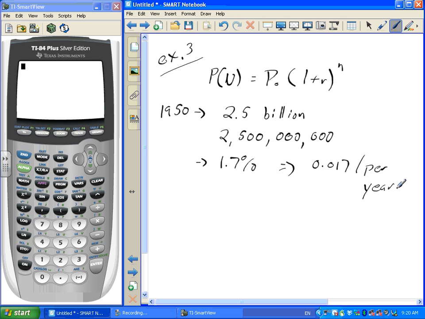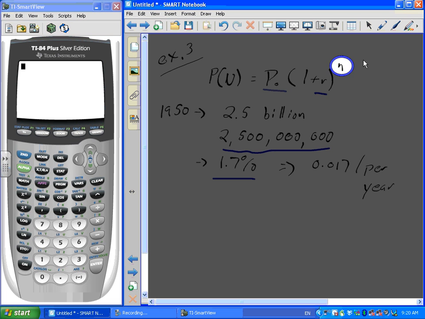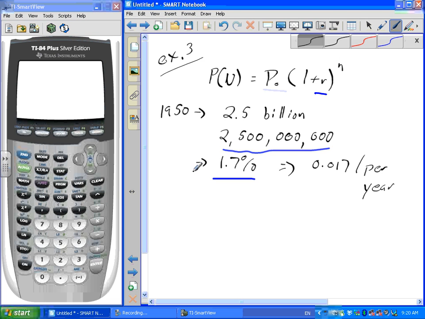So what that means is, I have an initial population for 1950, and we have a growth rate. I do not have the number of periods. If we're trying to find the population for now, what year are we in? 2011.